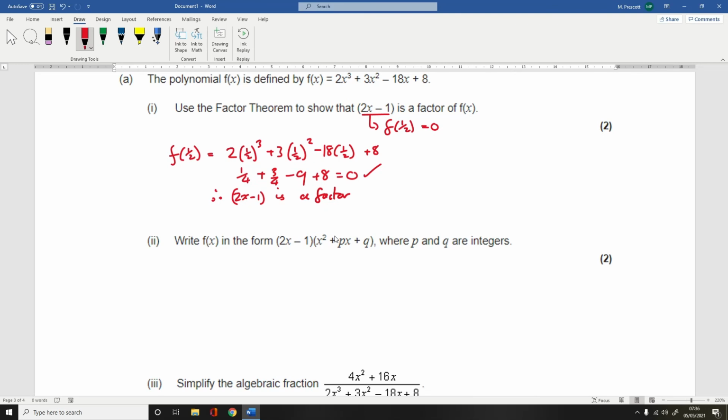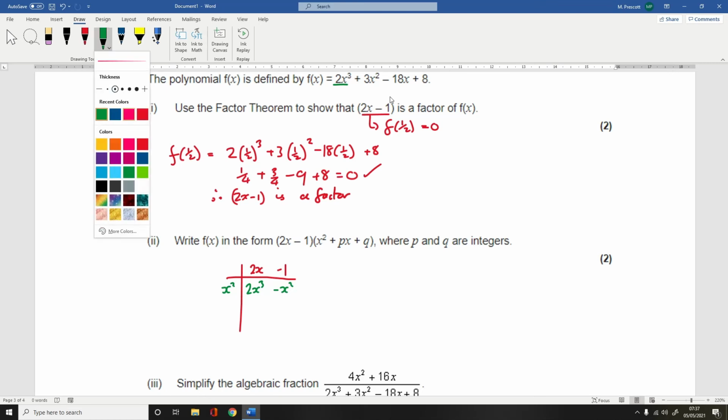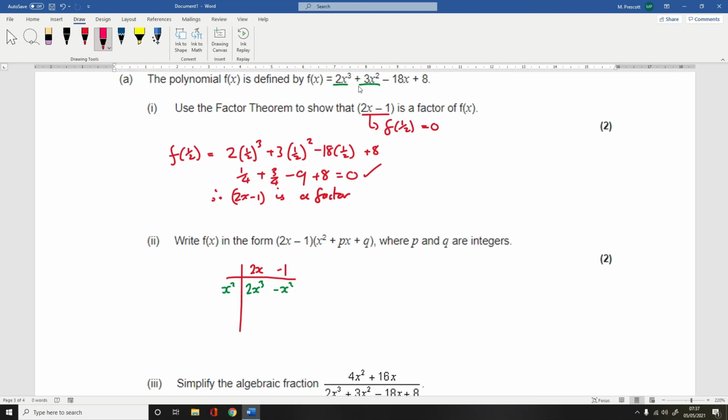It says, hence, we need to write it in this form, so that's now the dividing step. So again, let's put down our grid. 2x minus 1. The number in the top left has to be 2x cubed, which means this is x squared, which means this is minus x squared. But we want 3x squared, so we need to add 4x squared to that.